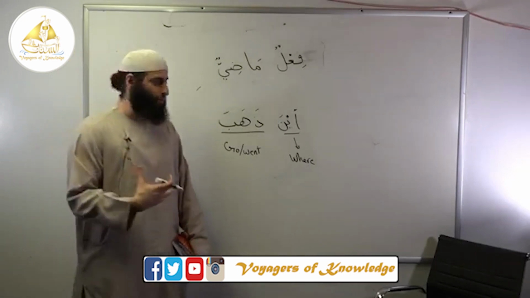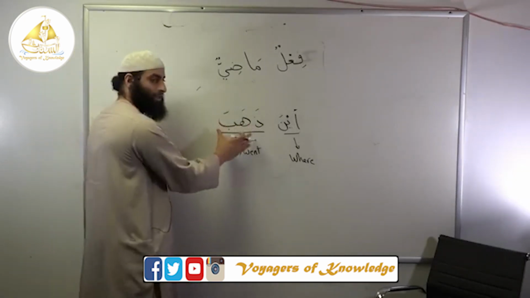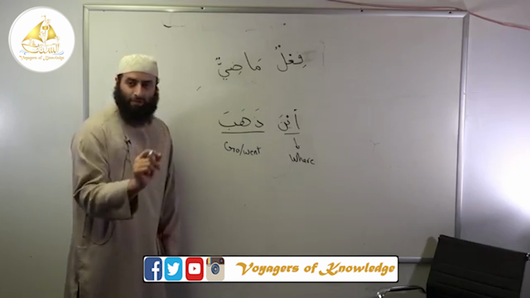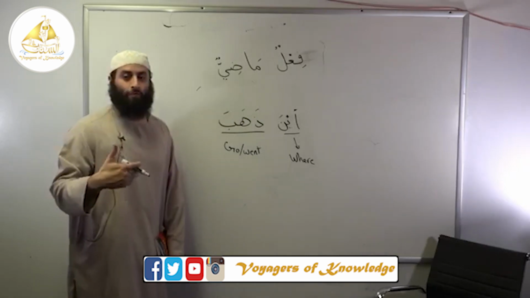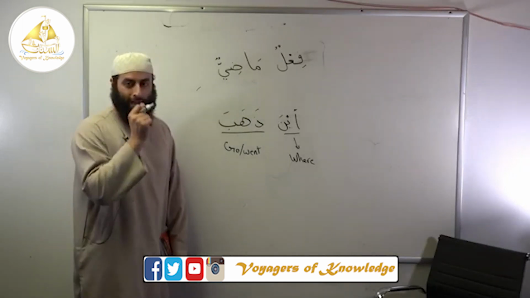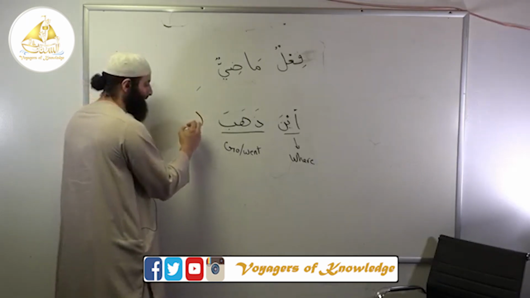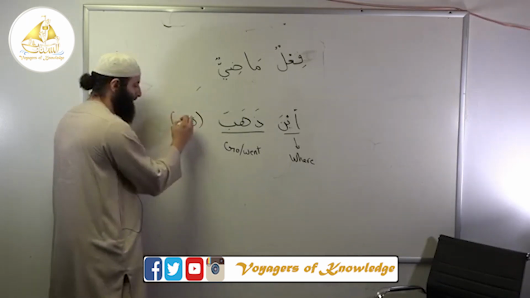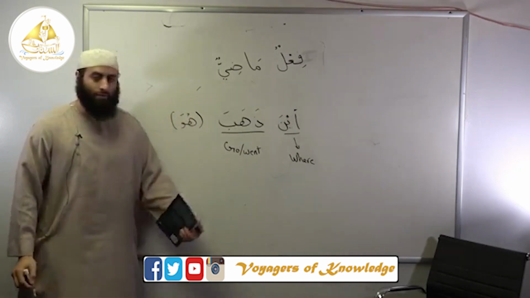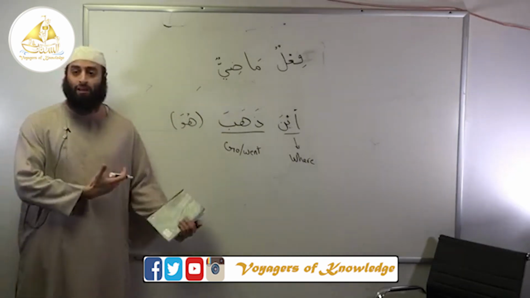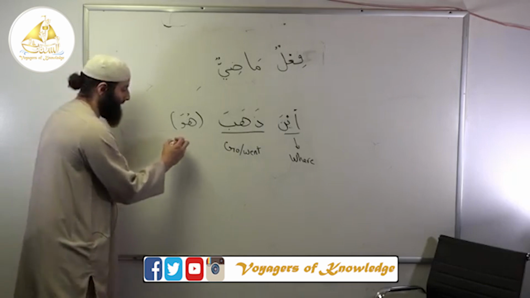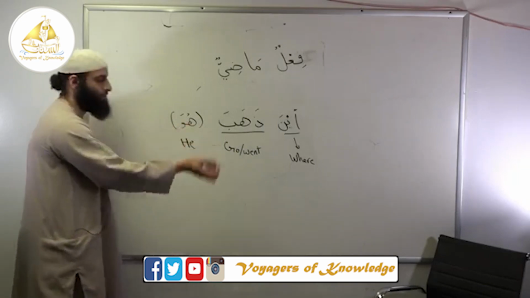But in the Arabic language, like we said, if this comes like this and it's not specifically mentioning the fa'il, the one doing the action, then it always means that it is huwa. It's implied even though you don't say it.